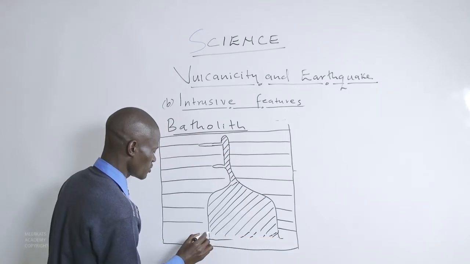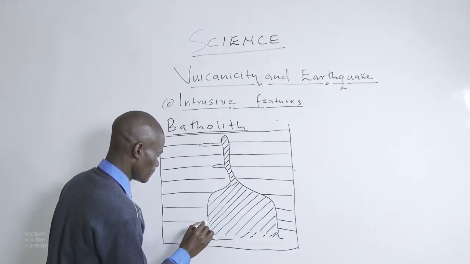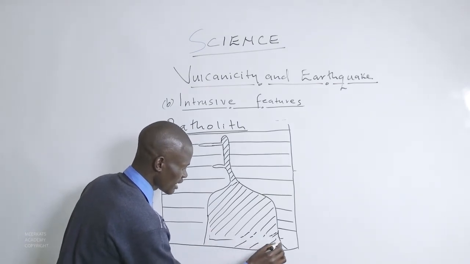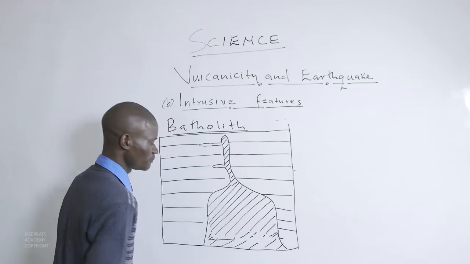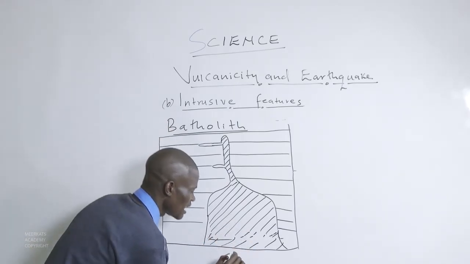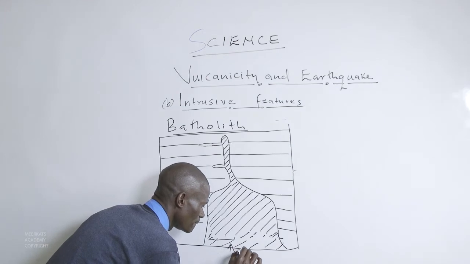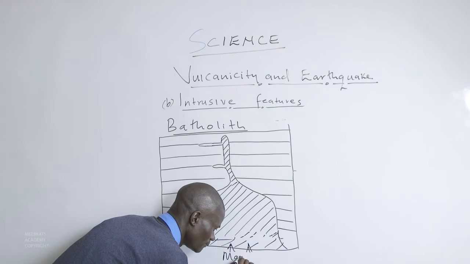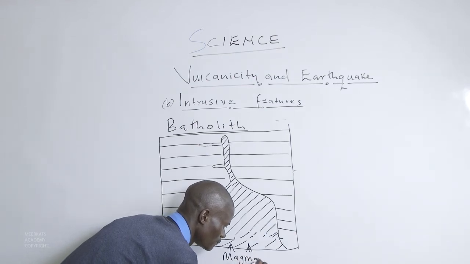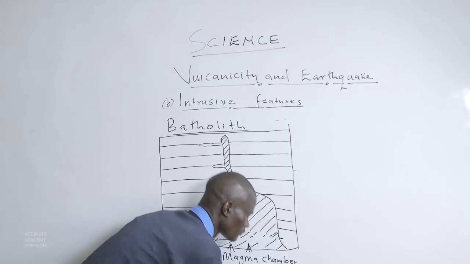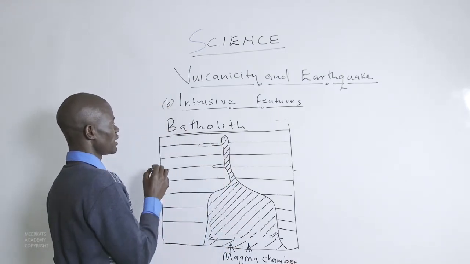And therefore, this is the point of the magma chamber where the magma originates. This is where we have the magma. We call it the magma chamber. That is the magma chamber.